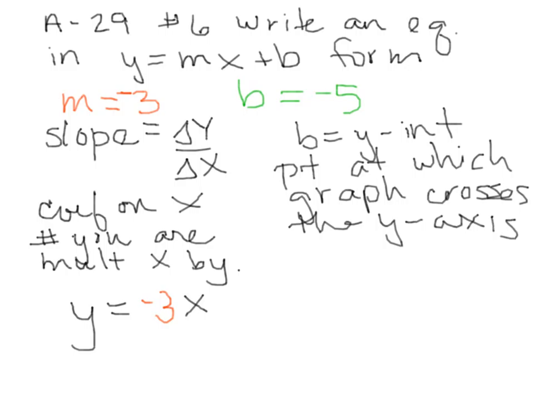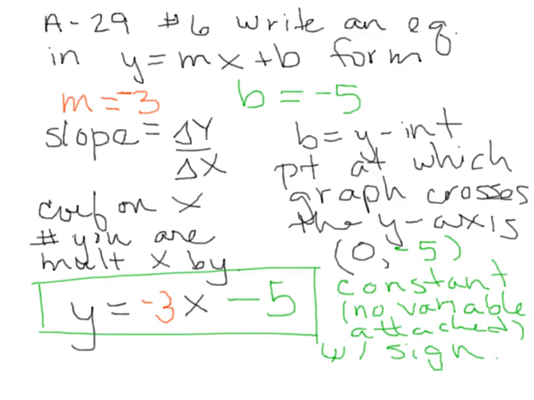So in this case here, I have the ordered pair 0, comma, and it's going to cross it. So I end up with my y-intercept put in again, and it's the constant with no variables attached, and it comes with its sign. And so my final equation is y is equal to negative 3x minus 5. And that's the end of that one.